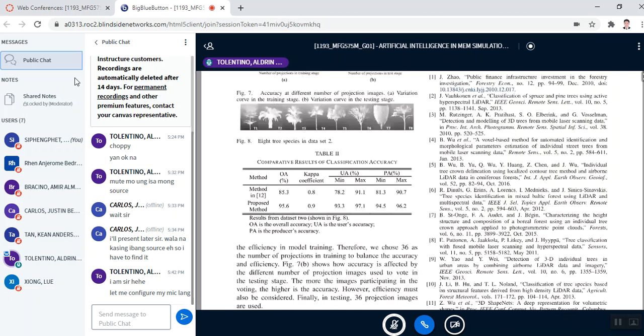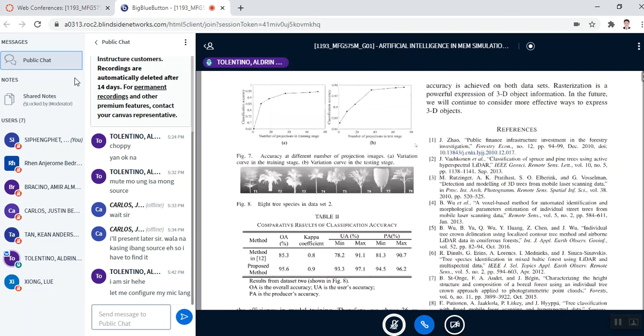For recommendations, he said that it would be good to consider more effective ways to improve the accuracy of classification, and that possibly this method can be implemented in other kinds of 3D objects.